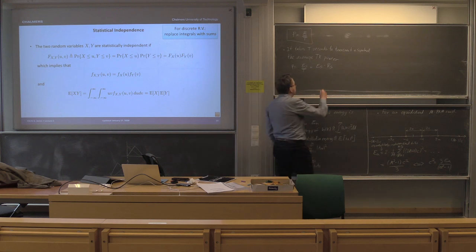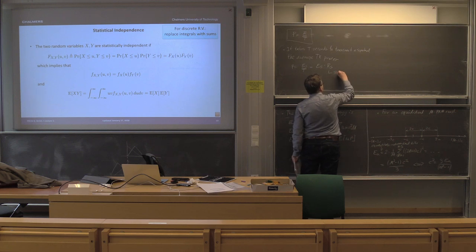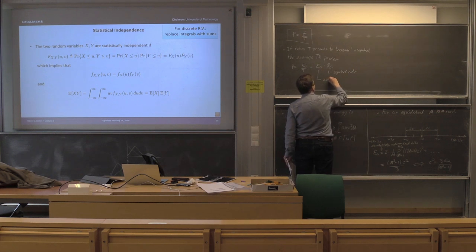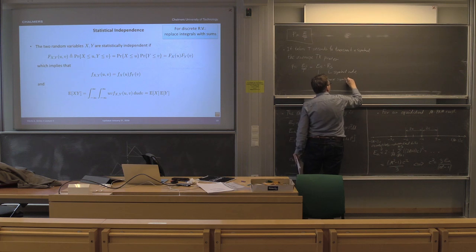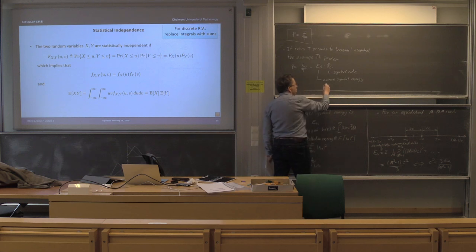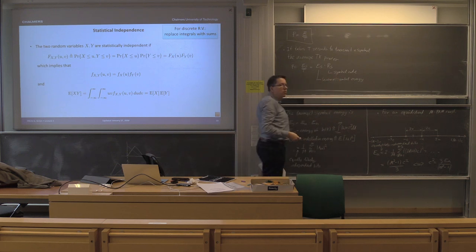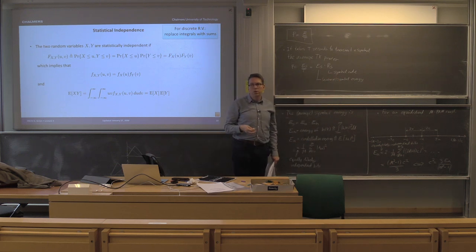Okay, so this is symbol rate, and this is average symbol energy. I will very soon stop saying average because that's implied always when we say the symbol energy. Okay.